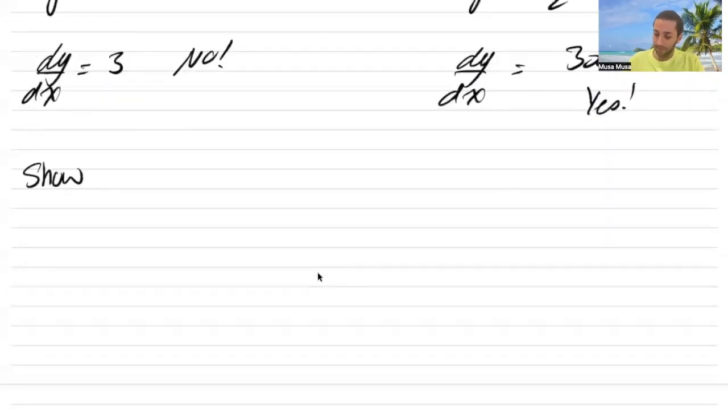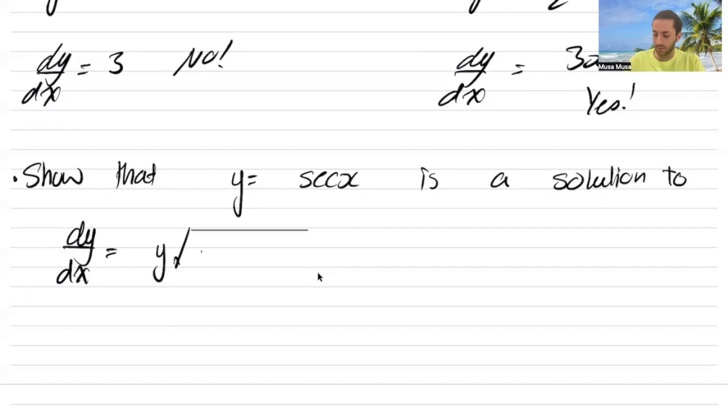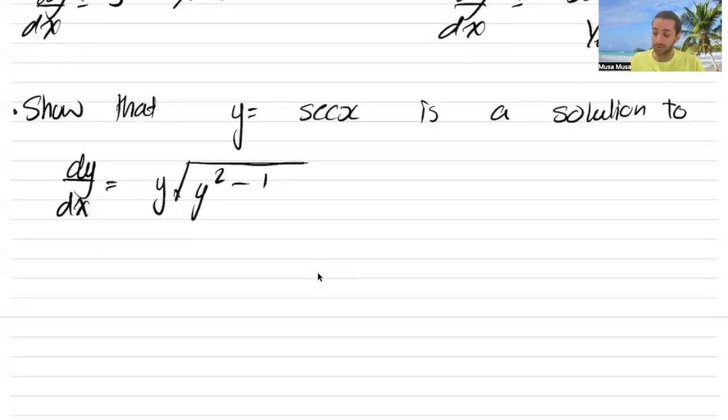Okay, how about this next question? Show that y equals sec x is a solution to dy/dx equals y square root of y squared minus 1. Have a go, take the derivative and see if you can get to this.